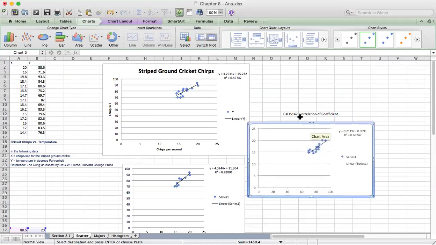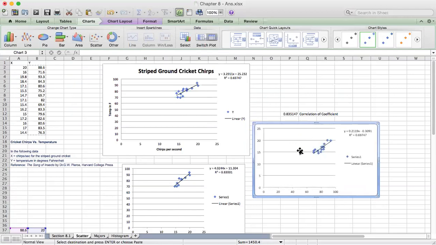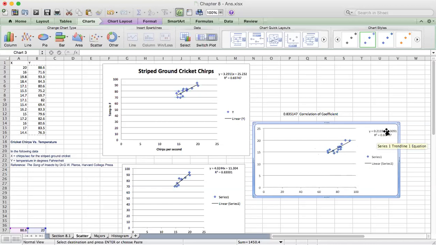So all of these other figures are still the exact same as what we've been showing, but my line has changed a lot. So now for every 0.2 degrees Fahrenheit increase, this is how much more a cricket is going to chirp, right? So that makes more sense.